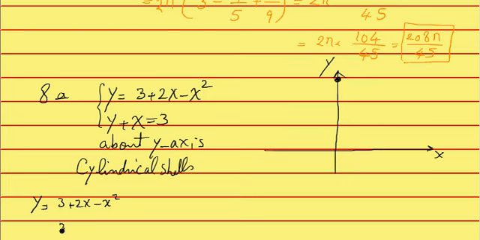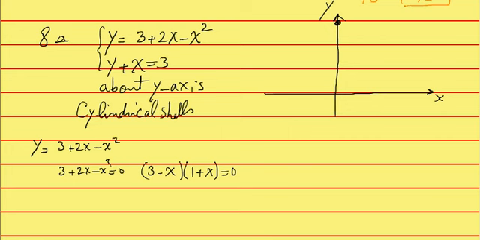If I set it equal to 0, 3 plus 2x minus x squared equal to 0, I'll have (3 minus x) times (1 plus x) equal to 0 as a factorization of this. So it is going to have one intercept at x equal to 3, another intercept at x equal to minus 1.